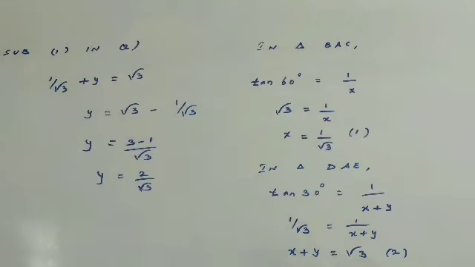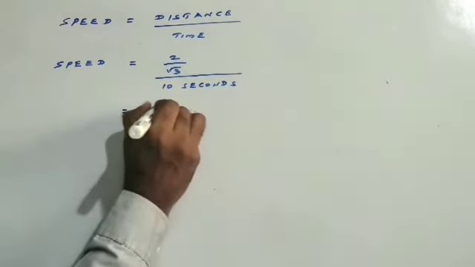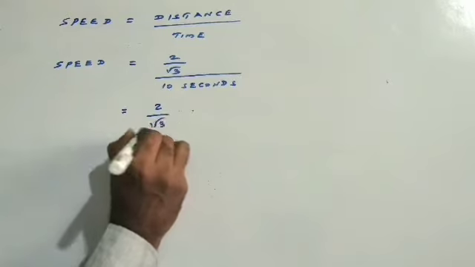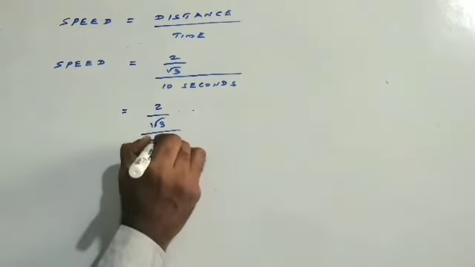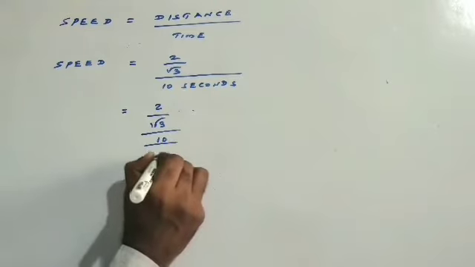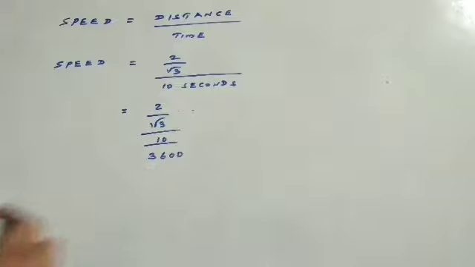So speed equal to distance by time. Now put 2 by root 3 for distance. For 10 seconds, write 10 by 3600, because 3600 seconds equal to 1 hour.